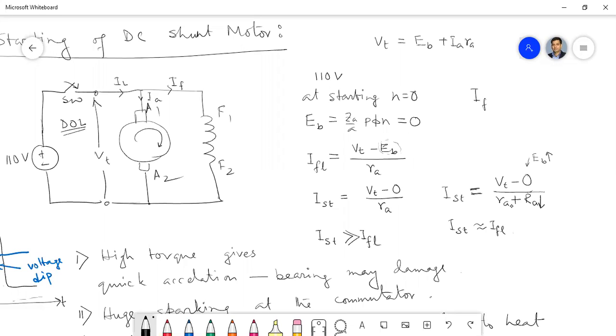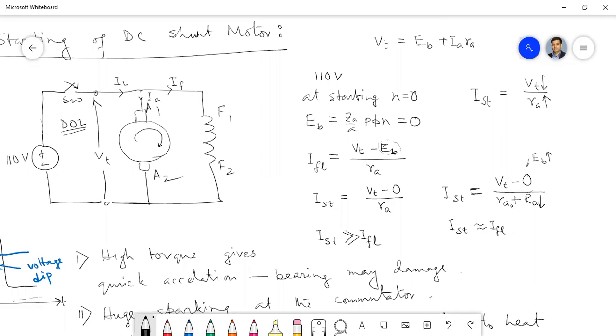Now, what you can see from these expressions, you have only one expression, which is Vt by Ra. What you can do is either increase this Ra to reduce this Ist, or reduce this Vt. As simple as that. One suggestion he has already given, that we increase the resistance. Now, if we reduce the voltage, that is another possibility.